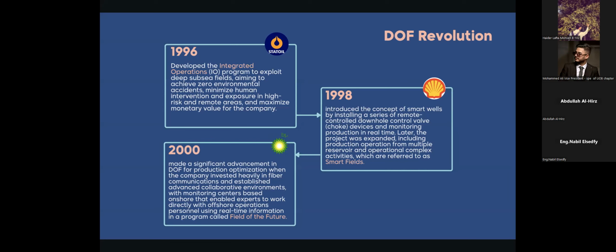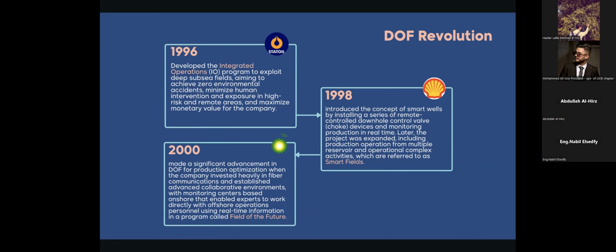In 1998, Shell, one of the big companies in the digital oil field and in machine learning utilization in the oil and gas industry, introduced the concept of smart wells, the ICV and ICD that I mentioned. They installed a series of remotely controlled downhole control valve chokes and monitored production in real time.